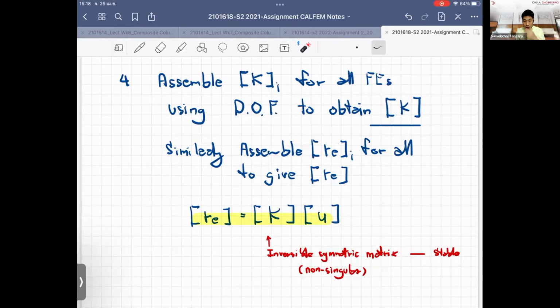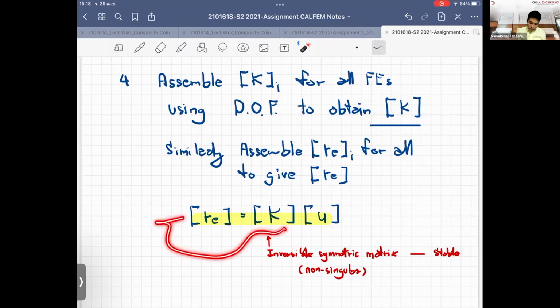We talk about whether it's stable or unstable by looking at those properties. But in the beginning, we just say that if it can be inverted for the elastic analysis, it is a non-singular matrix. Basically, the matrix is stable, and the structure you look at is stable, so you have enough boundary conditions or support conditions.